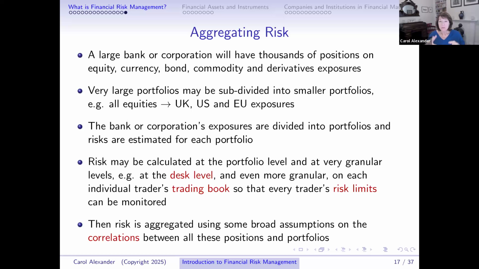And we can go more and more granular if we like. For example, within the UK, that portfolio could be divided into sectors, pharmaceuticals, banks, utilities, and so forth. So however granular you want to go, you can measure risk at the very granular level and then aggregate.